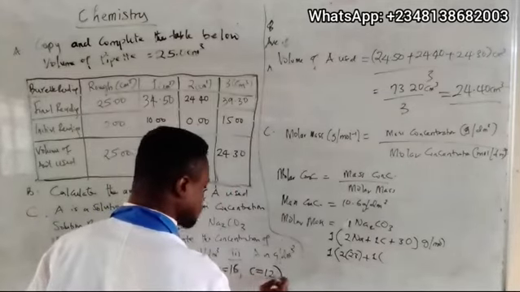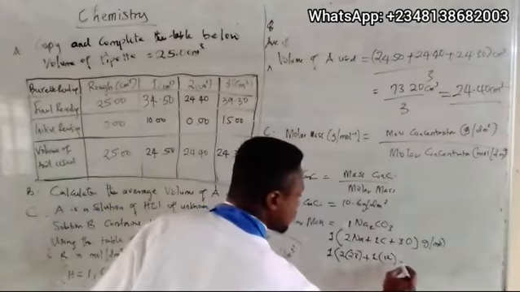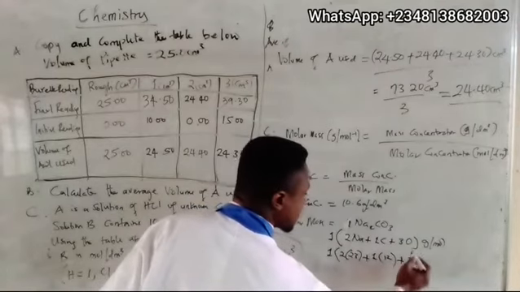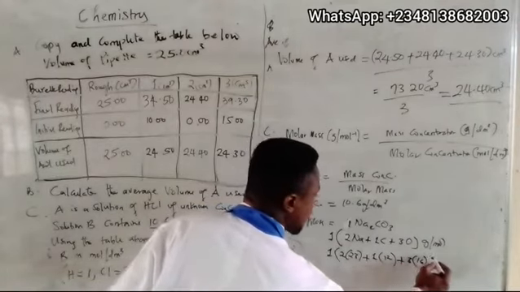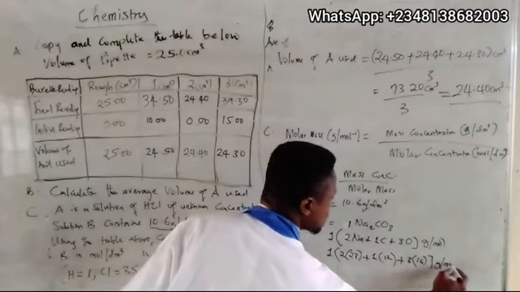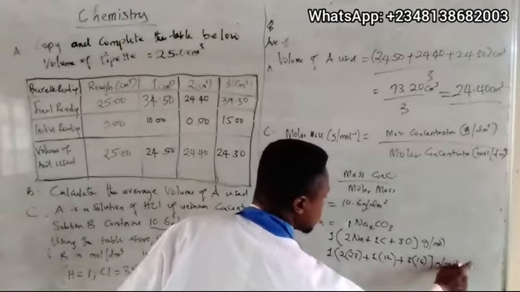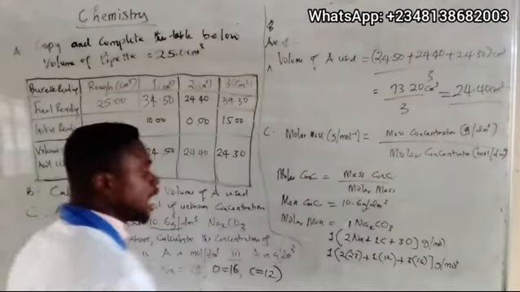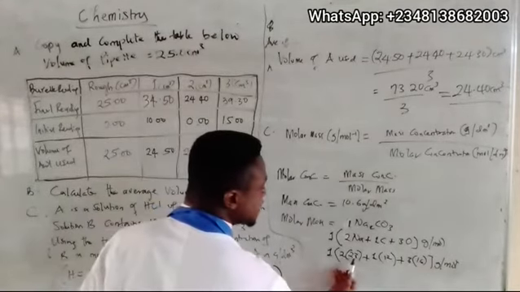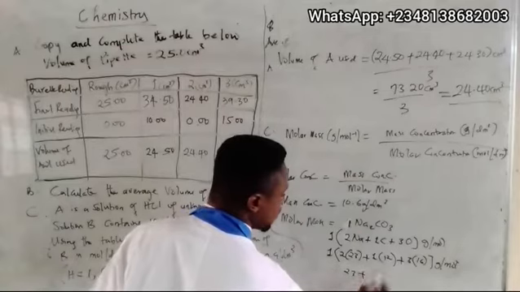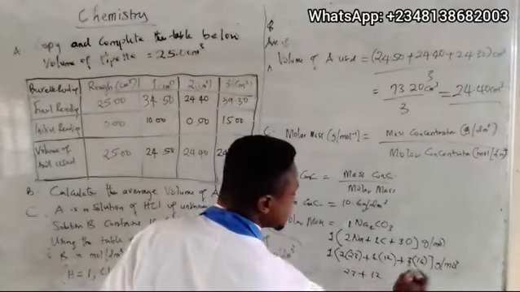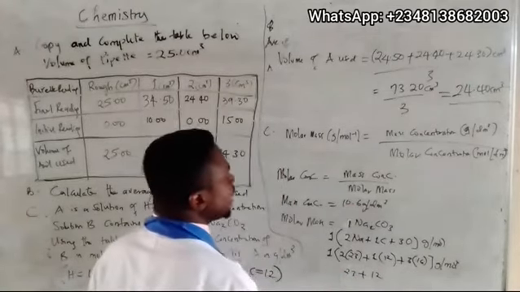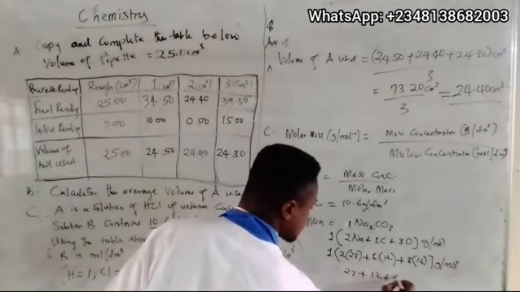That of oxygen, 3 times 16, all in gram per mole. So if you sort this out, you have 46 plus 12 plus 16 times 3, which is 48.